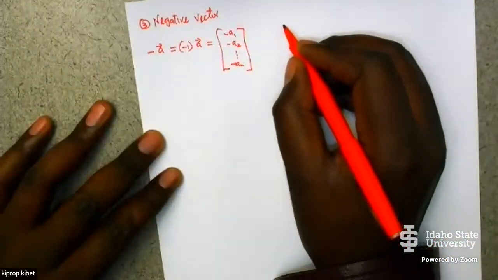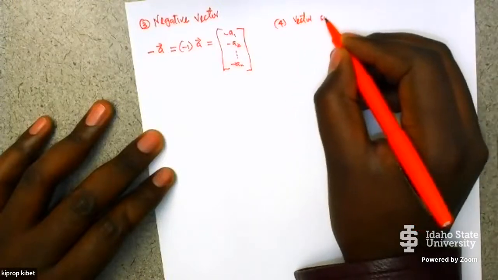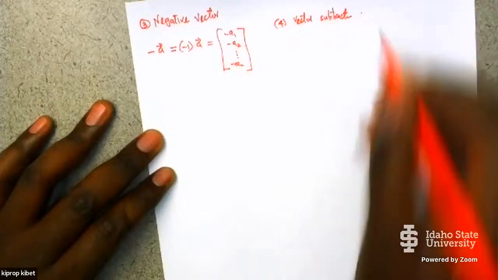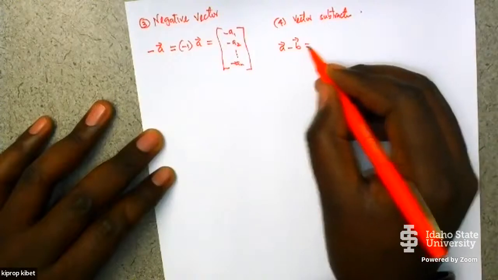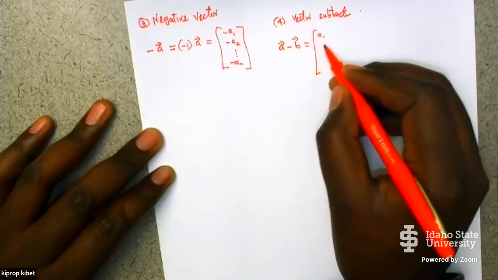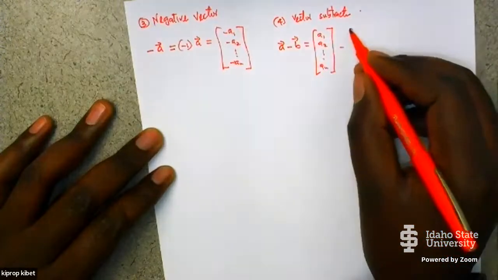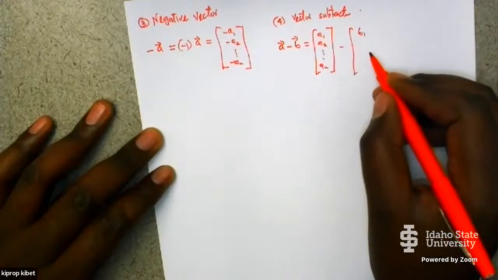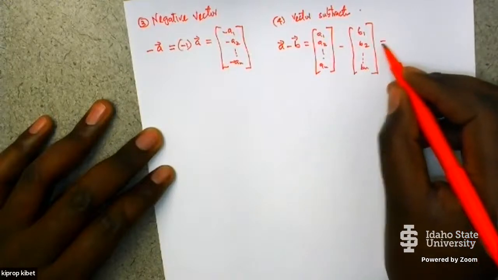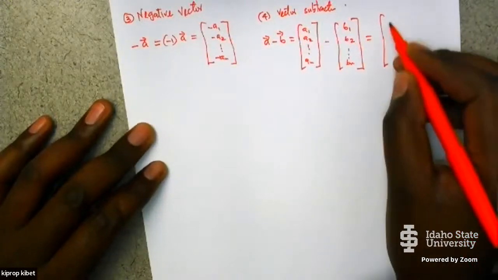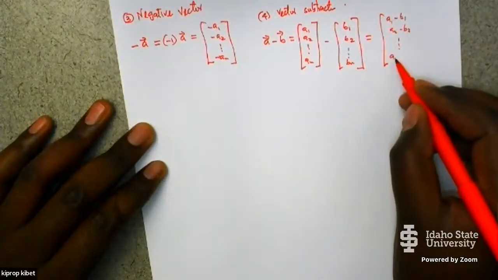If we subtract vector B from vector A, then this is the same as (A1, A2, ..., AN) minus (B1, B2, ..., Bn), which is (A1 minus B1, A2 minus B2, ..., AN minus Bn).